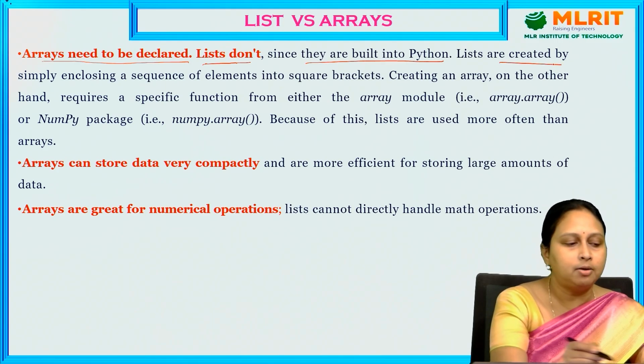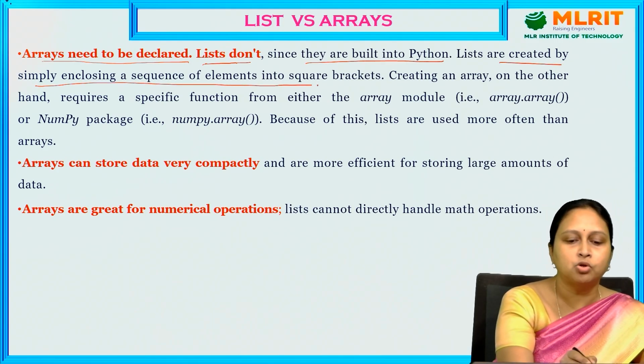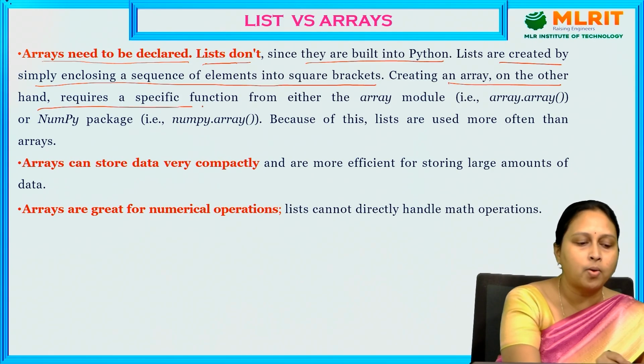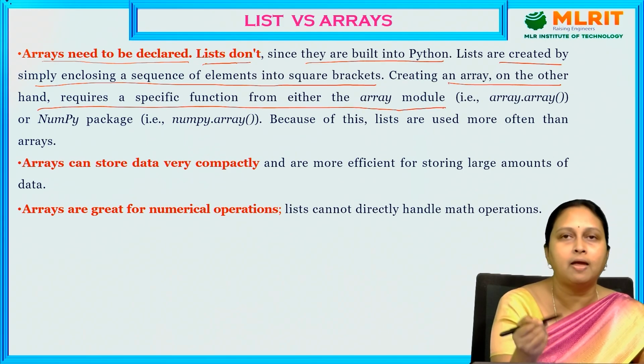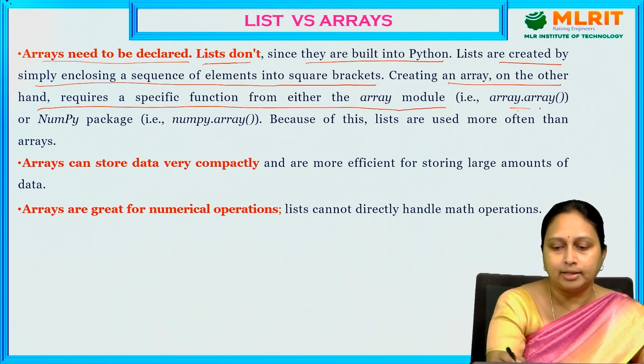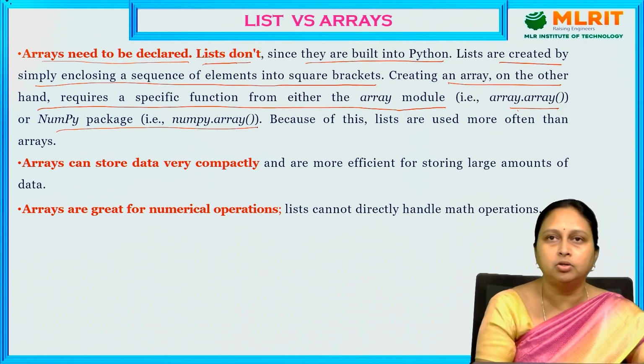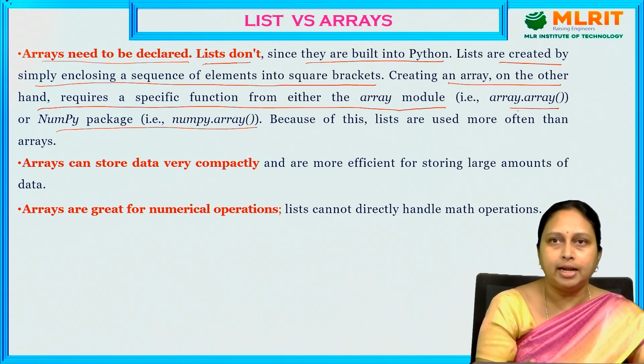Lists are created by simply enclosing a sequence of elements in square brackets, as we have seen at the starting itself. Creating an array, on the other hand, requires a specific function, either from the array module or we can use the NumPy module. Any of these modules is to be used for array creation.